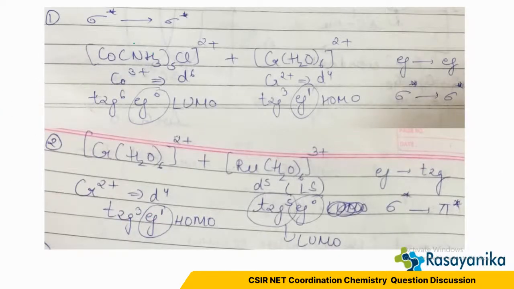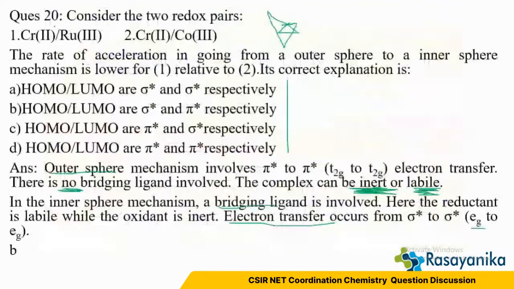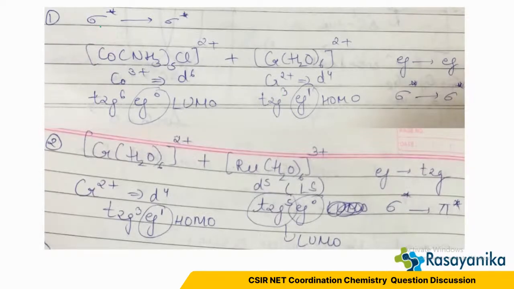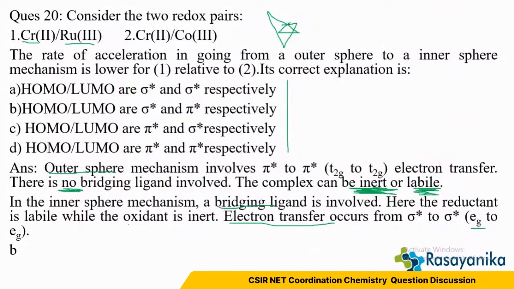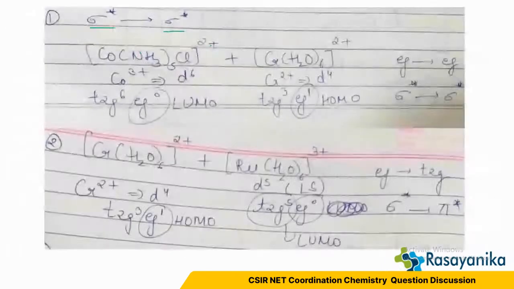You can see that the first complex consists of chromium 2 and ruthenium 3, right? So here we have sigma star to sigma star in this first one. Wait a second. Chromium 2. I have considered first chromium 2 and cobalt 3, right? Cobalt is in the plus 3 oxidation state here, and chromium is in the plus 2 oxidation state.